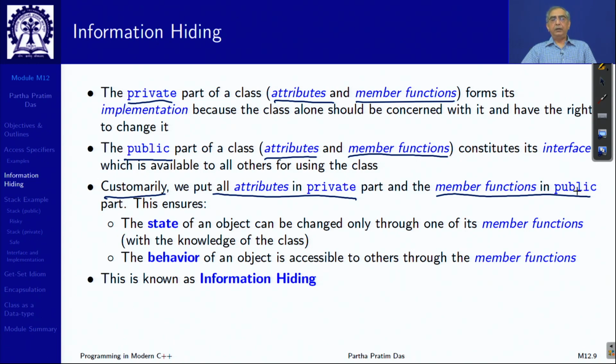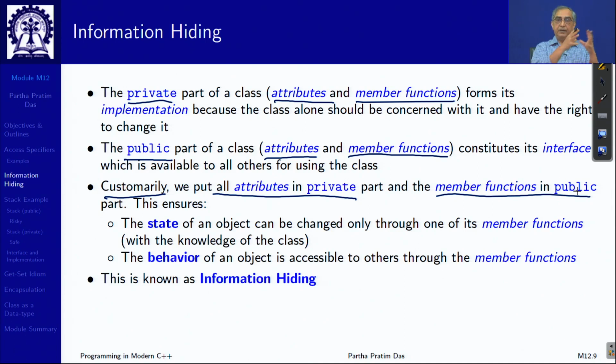But often you will have some member functions which are also private, because I want to have some utilities that my other member functions use, and I do not want to give those utilities as a service to the external world, maybe because I just want to keep it as IP, or maybe because I might want to change them in future, change their names and so on. So, I do not want those to be accessed. So, member functions can be public or private in the design.